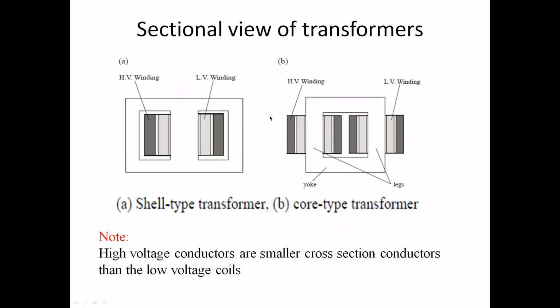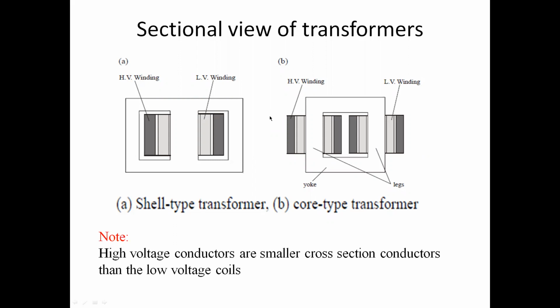Like an HT cable, why do we put a grading of insulation? Because near the conductor, high voltage stress is there. That is called voltage gradient. Voltage gradient is high.